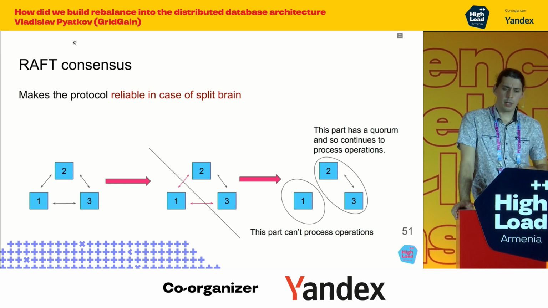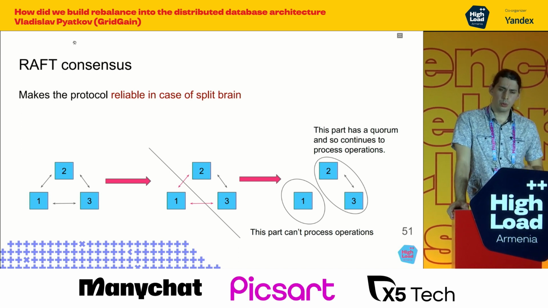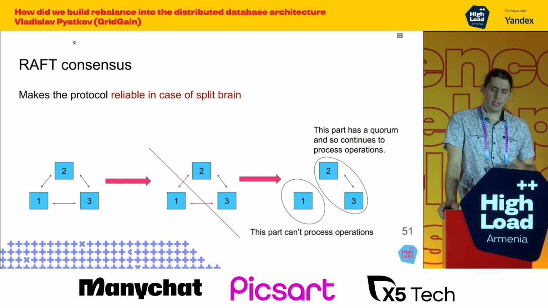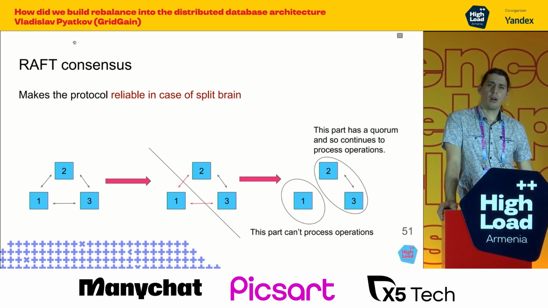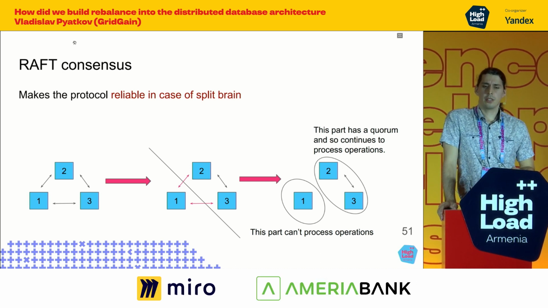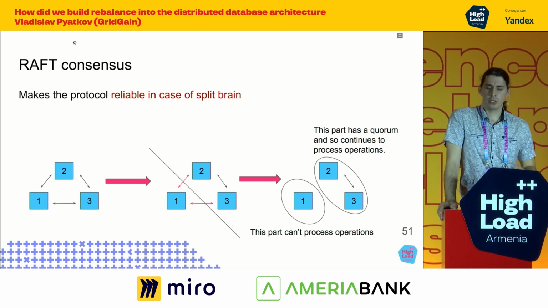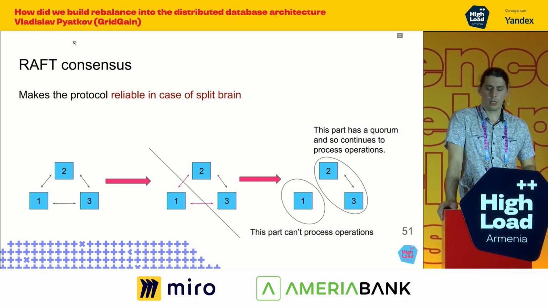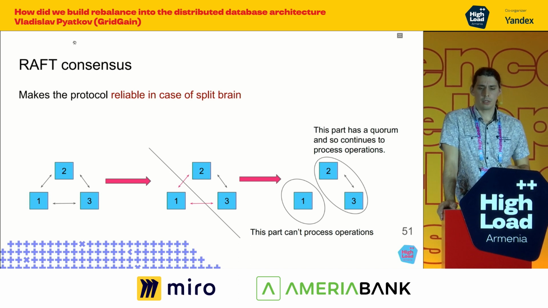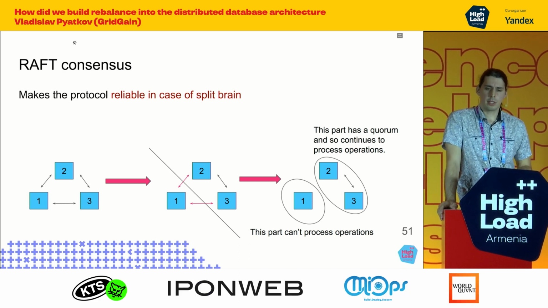Node 1 can be connected to nodes 2 and 3 and vice versa. In this case, we can process all operations in only one part, I mean the part which has a majority, which has a consensus. It is the part which contains nodes 2 and 3. For the part containing node 1, the only way is to restart, because the part cannot process any operation. The part has no majority.